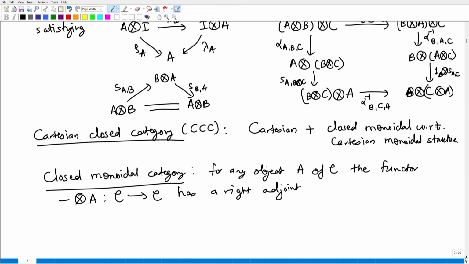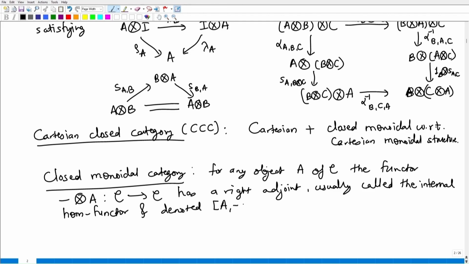This right adjoint is usually called the internal hom functor, and denoted [A, blank] from C to C.